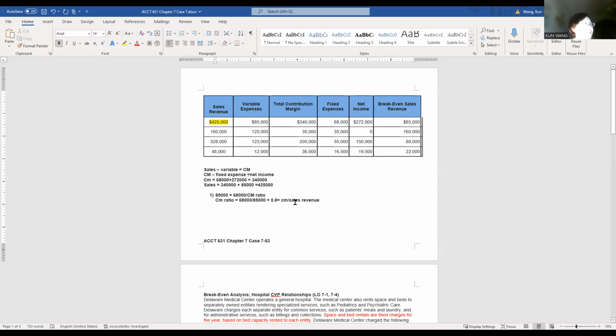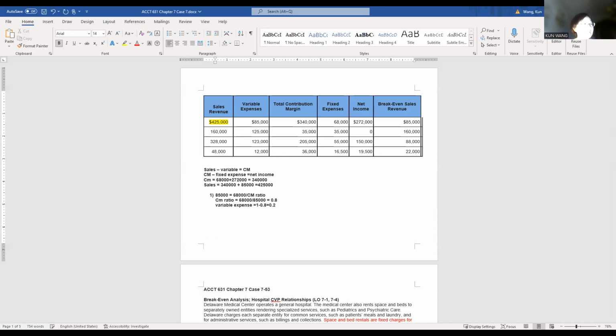Yes, we got it. Contribution margin is 80%, and that means our variable expense ratio is the rest of it: 1 minus 0.8, so that's 0.2.